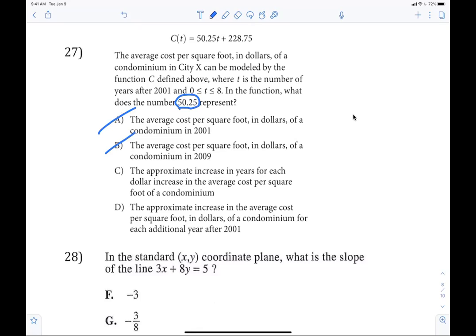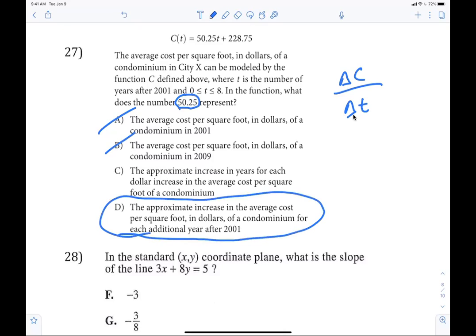The cost or the time? Time. No, the cost, because it's the change in C over the change in T. So is it the approximate increase in the average cost or the approximate increase in years? The average increase in cost. It's a cost.